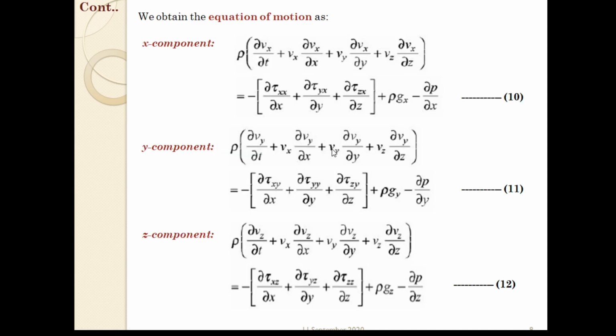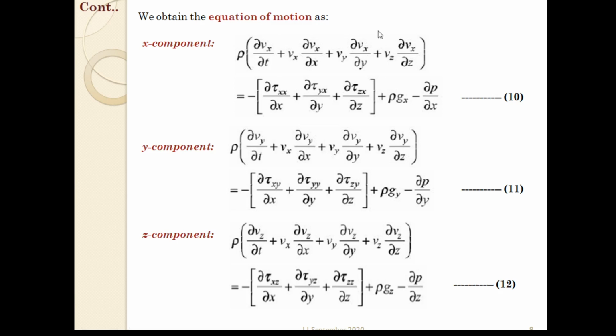So here you can see, for the x component, rho del Vx del t plus Vx del Vx, and so on. This term is for the capital Dv Dt.